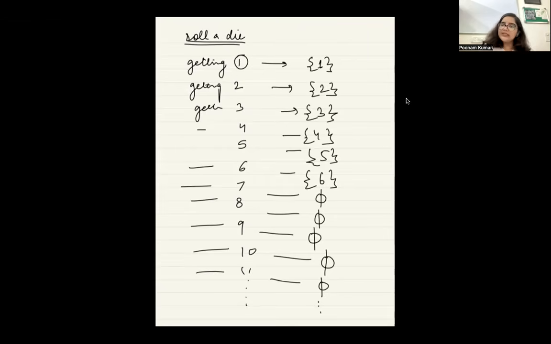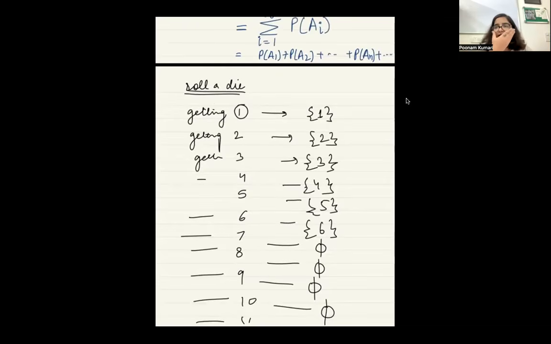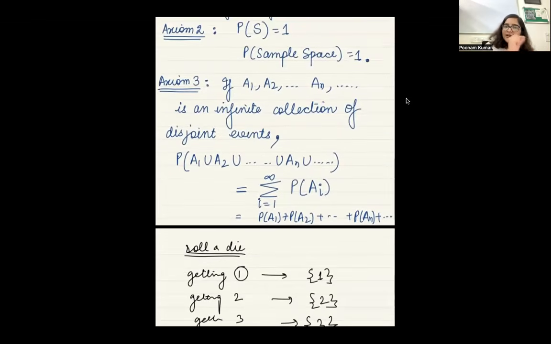Yes, ma'am. So even if your sample space is finite, you can still define a list of infinite disjoint events, right? So what is this axiom saying? That if you have an infinite collection of disjoint events, and you have to find the probability of this union, it can simply be found by summing the individual probabilities of these disjoint events. That is this axiom. Is that all right? Yes. Fine. Clear?